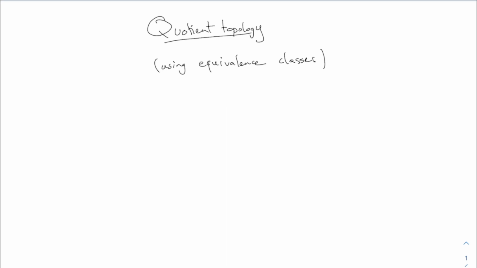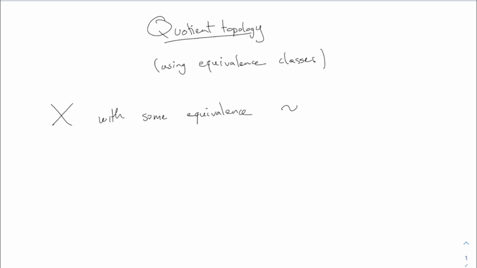All right, so the idea, remember, is if you have X, a topological space with some equivalence relation, which our book writes with a little tilde. So you have a topological space, but you also consider some of the points to be equivalent with one another. And the quotient topology is what you get when you actually combine those equivalent points into single points. Each equivalence class of points becomes a single point.